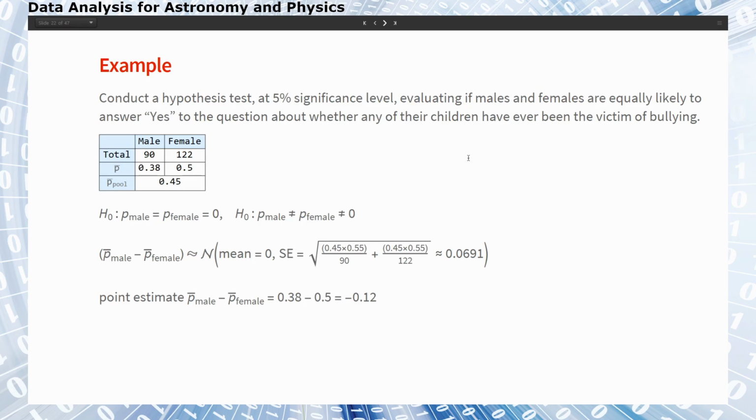So, coming back to the example and assuming a 5% significance level, we conduct the test and evaluate if males and females are equally likely to answer yes to the question.